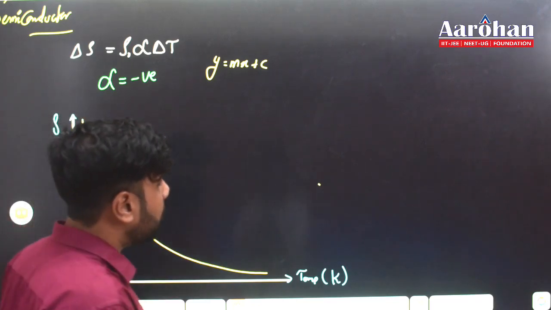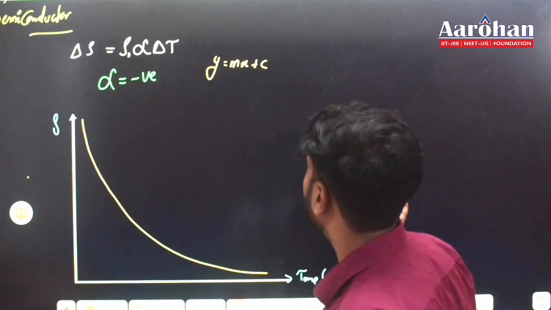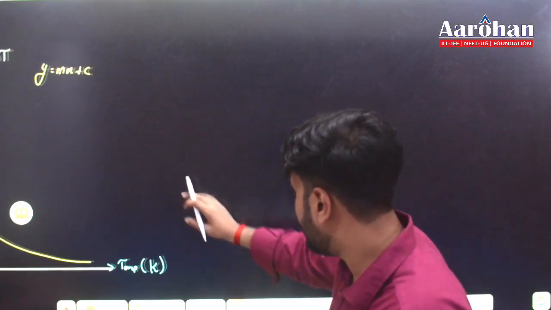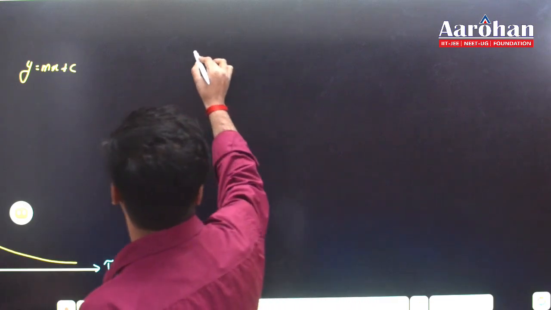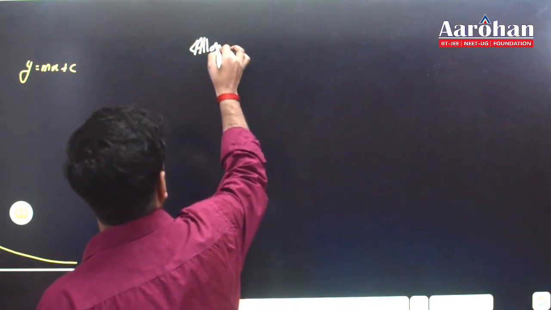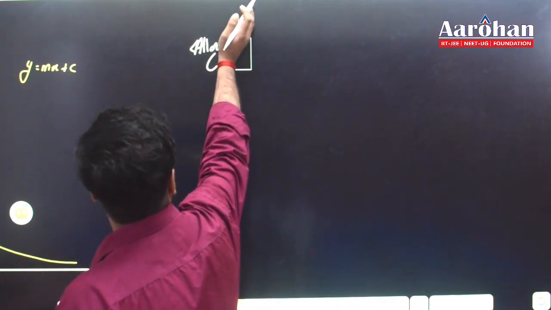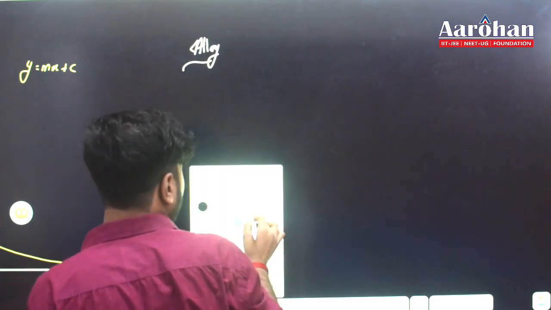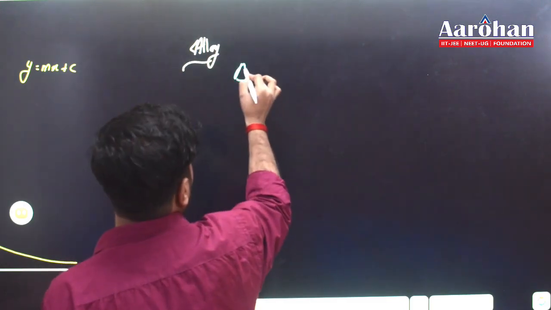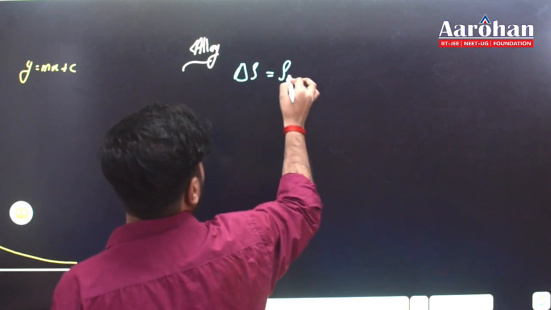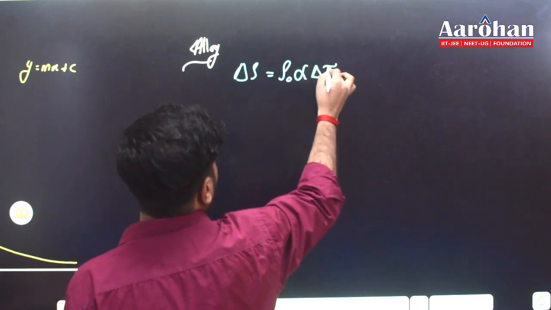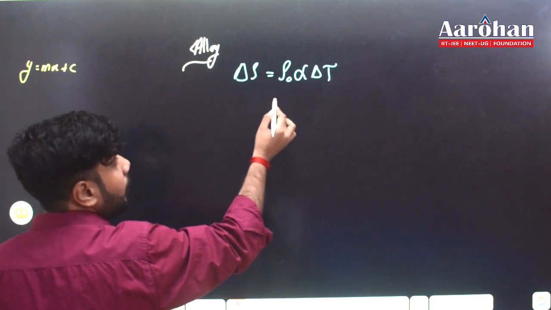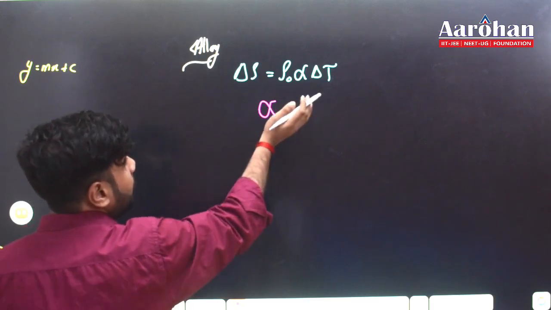These graphs are very important for any aspects. You must remember the graphs and their character. Now lastly we will talk about alloy. If you remember, the idea behind alloy was that even on increasing temperature, your resistivity, or resistance, should nearly be constant.